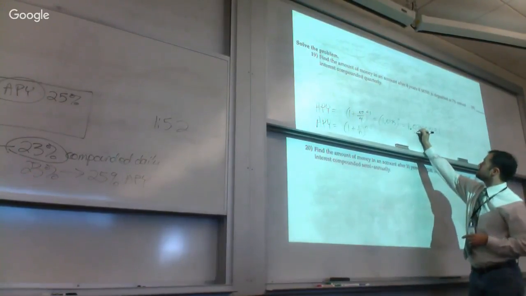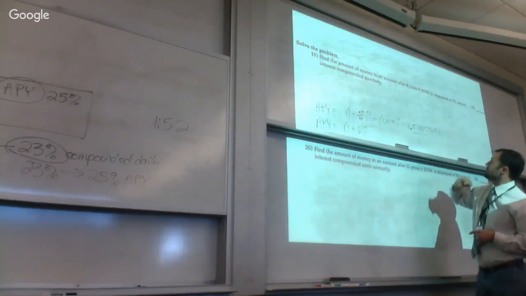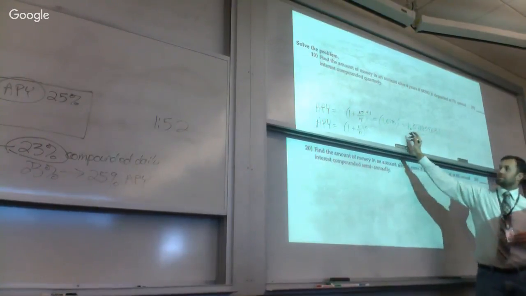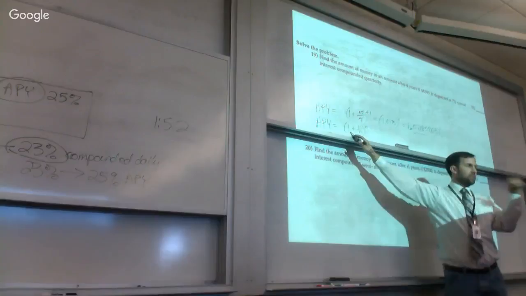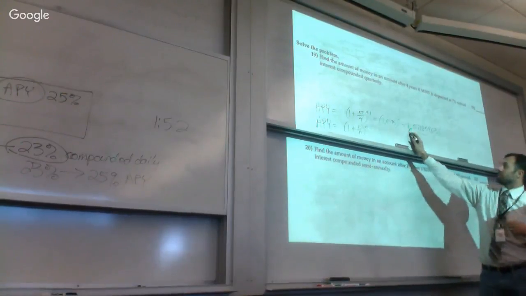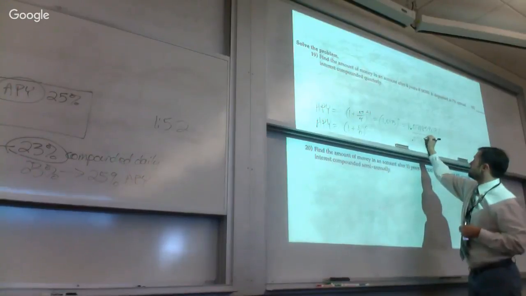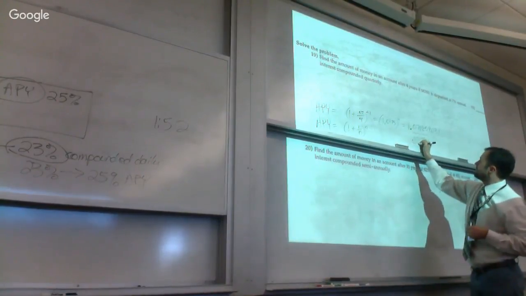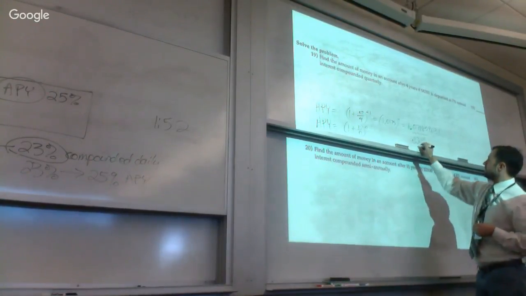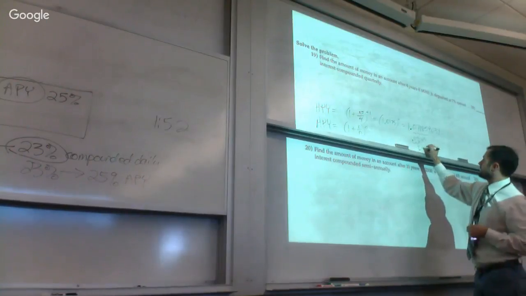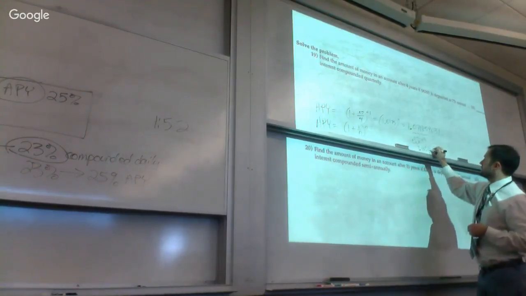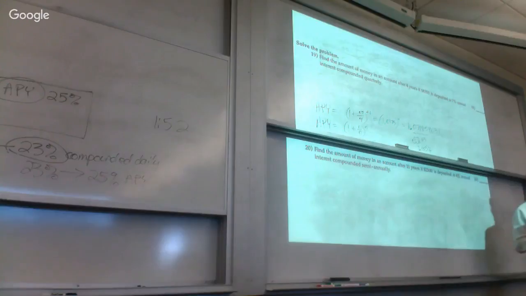Yeah, we're only interested in this part, right? Because the 1 is just there because we're including the principal and the interest, so you can effectively ignore the 1. So we're really looking at 0.07185. And what do you do with the decimal? Move it twice to the right. So what is our APY? 7.185%.